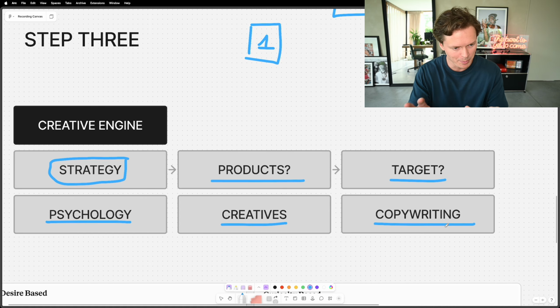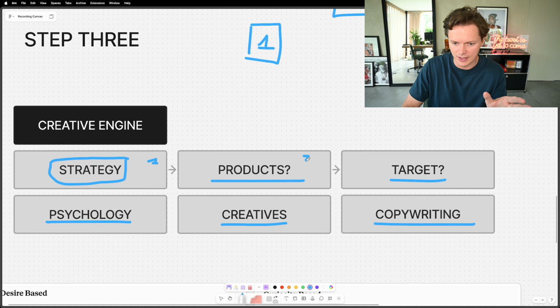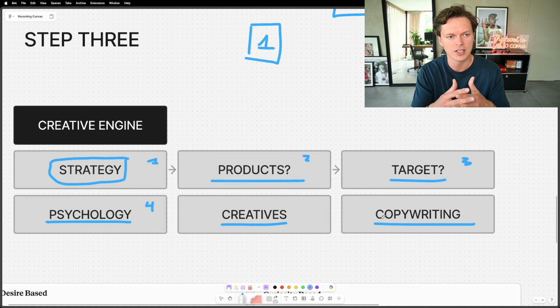So at this point, we've done step 1, based on step 2, based on step 3, based on step 4, and now we're going to make creatives and copywriting. So don't just blatantly shoot ads out randomly. Think about it, because this is where the magic happens, right?